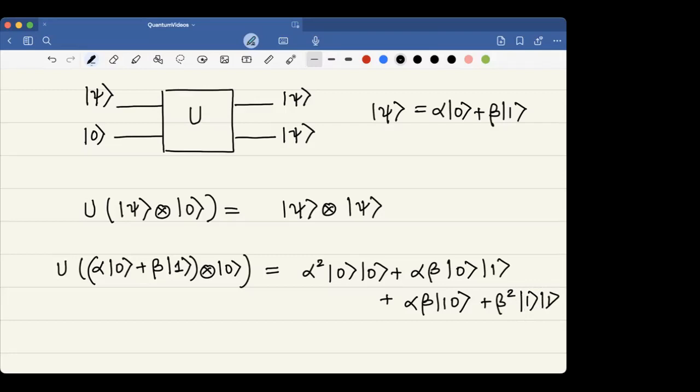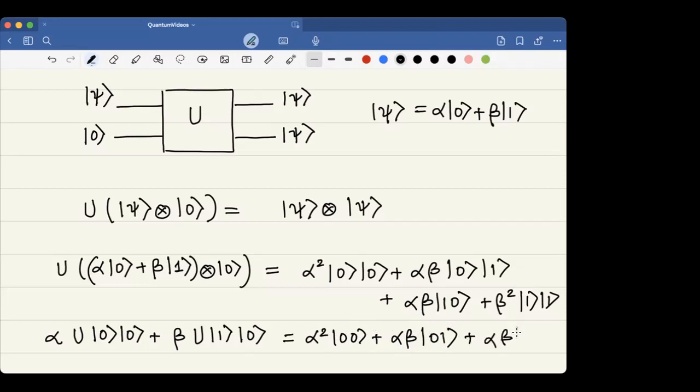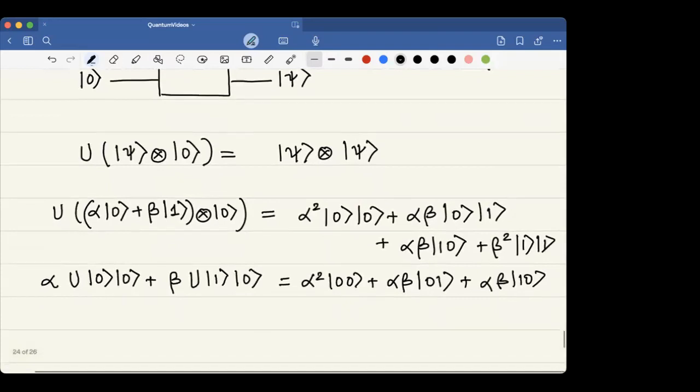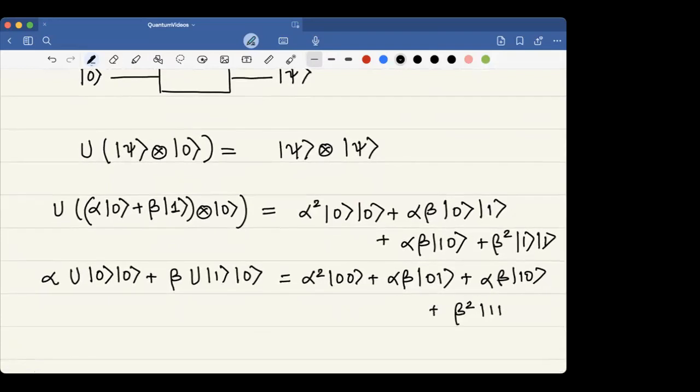Now, on the left-hand side, I'm going to use the linearity of U. U is a linear operator, therefore I can write it as alpha times U acting on 0 tensor 0 plus beta times U acting on 1 tensor 0. Suppose such cloning was possible, then the right-hand side should be equal to the left-hand side: alpha squared 00 plus alpha beta 01 plus alpha beta 10 plus beta squared 11.